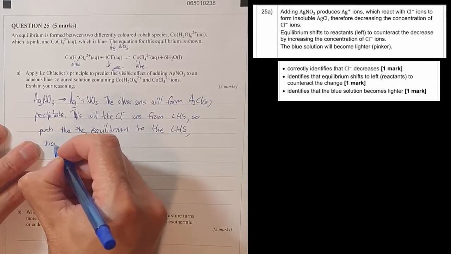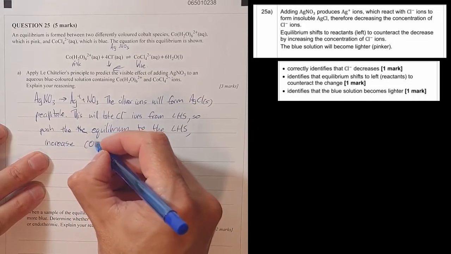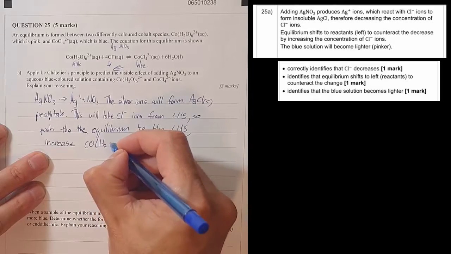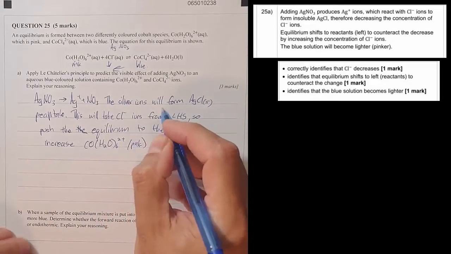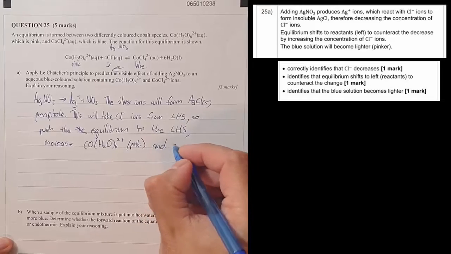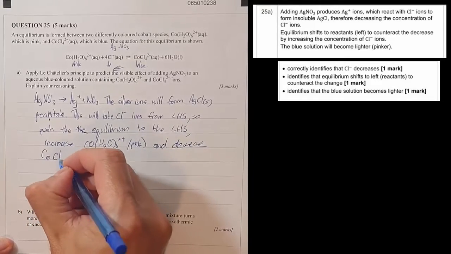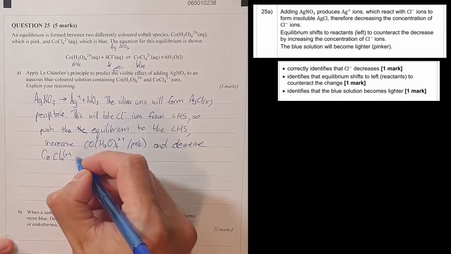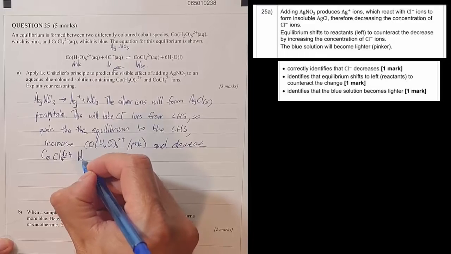So that will increase Co(H2O)6 2 plus, pink, and decrease CoCl4 2 minus, blue.